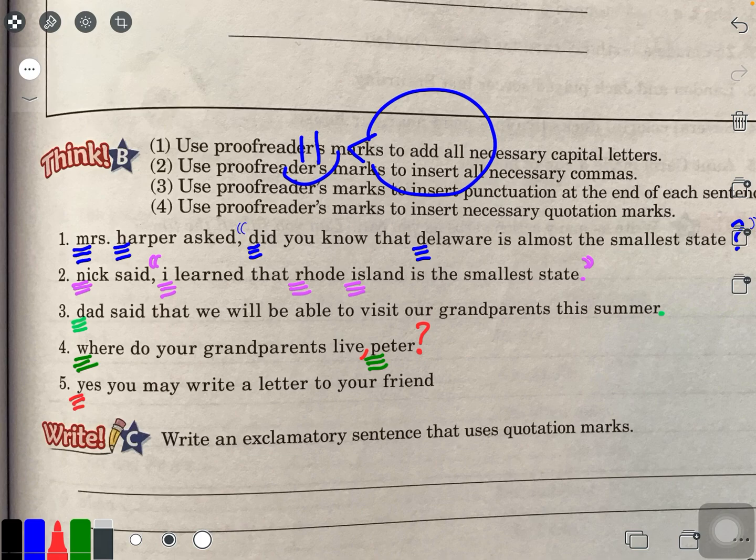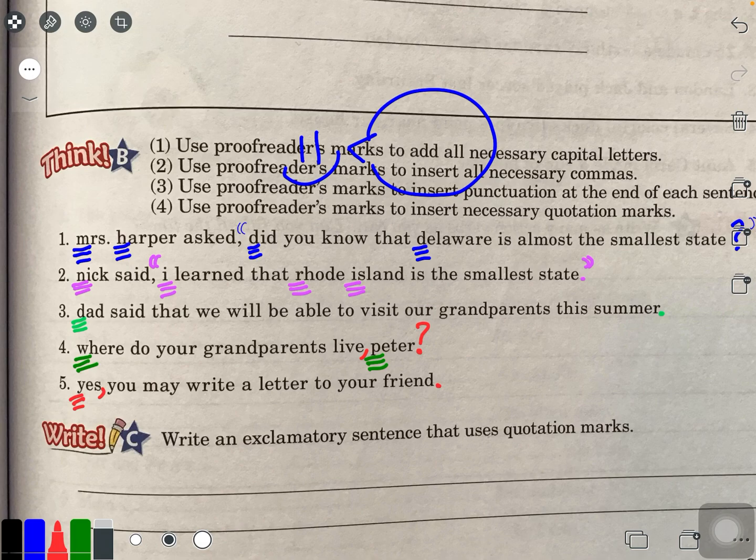And since this is a declarative sentence, I can put a period after friend. And I can put a comma after yes, because I remember the rules from yesterday's lesson. If you want to look at page 80, it has the comma rules. You put a comma after the word yes if it's at the beginning of the sentence. So, boom, comma.